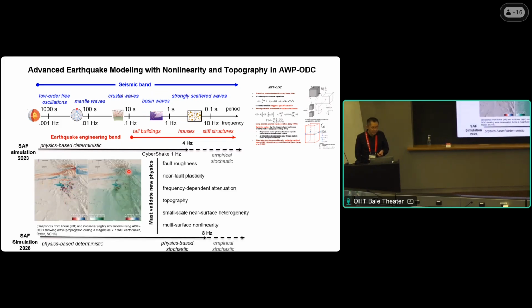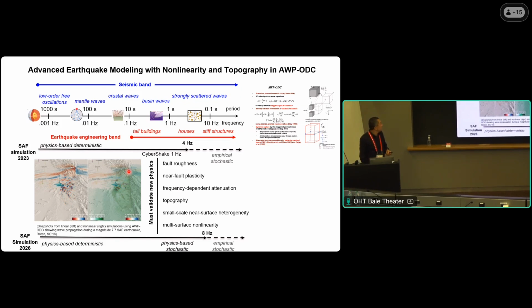To be accurate with the model, we have to improve the physics. Over the years, we changed quite a few things, from fault roughness to plasticity, particularly lately frequency-dependent attenuation and also multi-surface nonlinearity. Those are important features of the AWP-ODC code, where it stands out compared to other large-scale earthquake simulation codes.